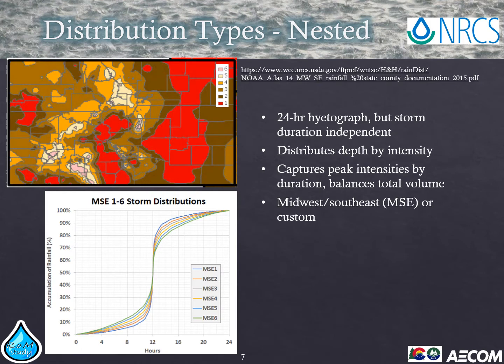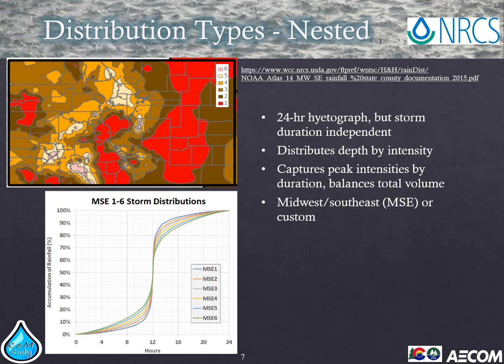So on that note, like I mentioned, they're advocating for what's called a nested distribution type, and essentially it's a 24-hour duration, but it's actually independent of duration in terms of it captures the maximum intensity from each of the durations.